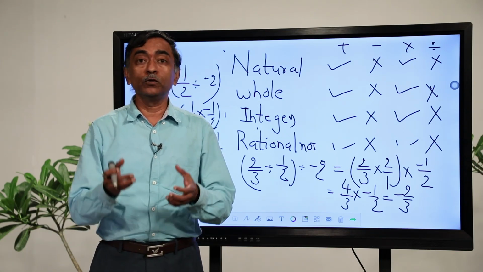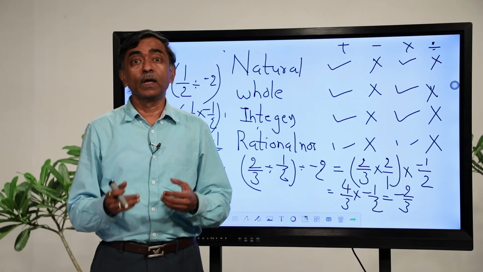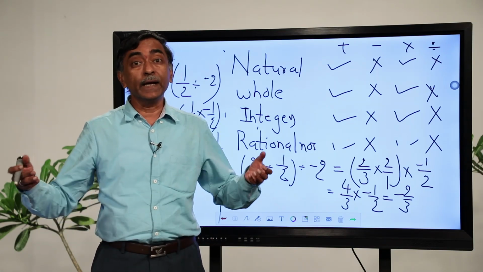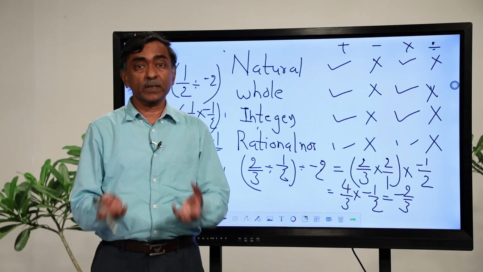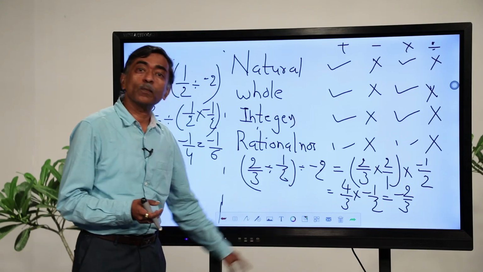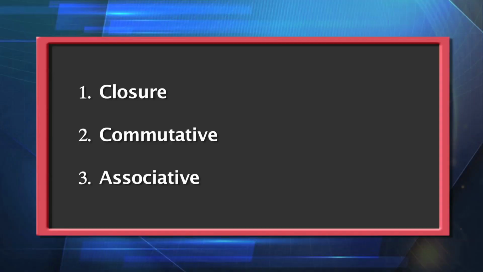We expect that you make these observations for yourself and try to operate on different numbers and try to create different examples for others, discuss it with your friends and your teachers, and try to see how these properties are working. So, these were the three properties: closure, commutativity, associativity, and based on these properties we classify numbers also, we see how numbers behave.